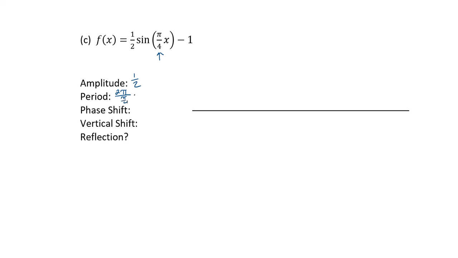If we multiply by 4 over 4, we get 8 pi over pi, which is 8. We will have no phase shift, and the vertical shift is down 1 unit. There is no reflection. We don't have a negative in front of the a.